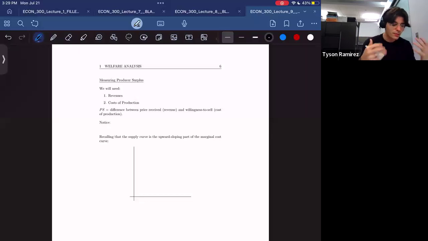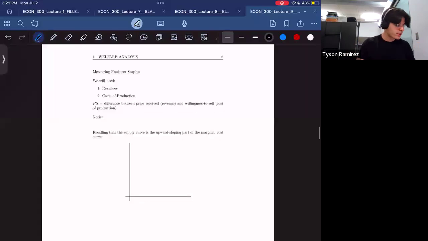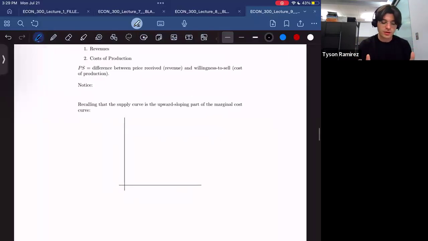All right. So of course, for the firm side, we need revenues and we need cost of production. And what do we do? Well, we define producer surplus as the difference between price received and willingness to sell. All right.